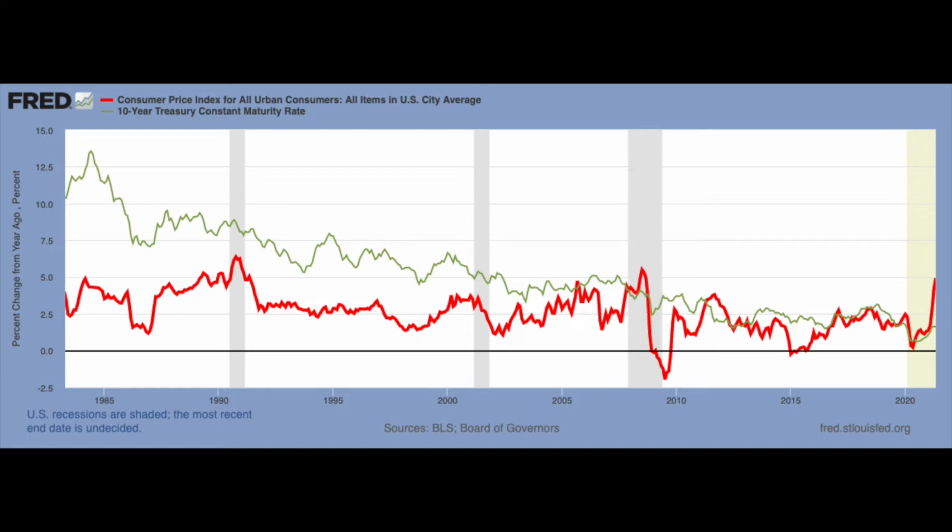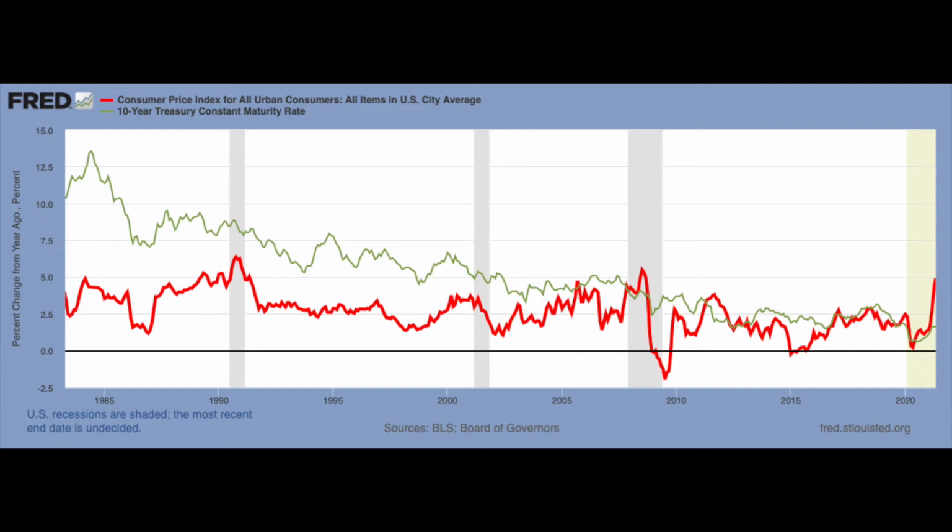As we discussed earlier, today the 10-year US Treasury yield is below the inflation rate, meaning that your US bond investments are actually losing value over time. Things might change in the future, but at this moment, investing in US bonds is not a great idea.